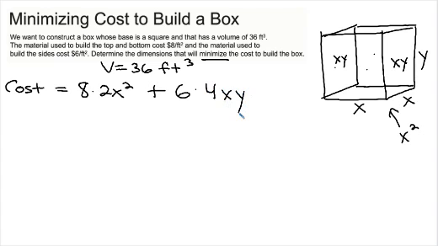So we've now got 16x squared plus 24xy. Now, what I would do is we need to eliminate a variable.